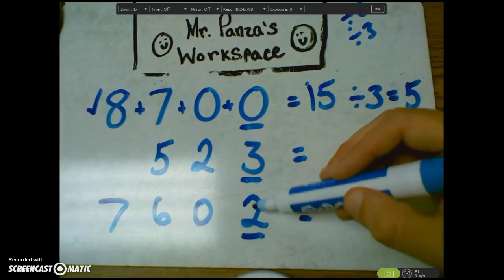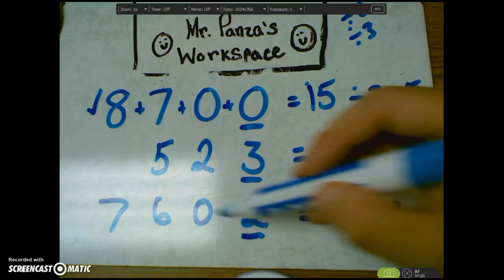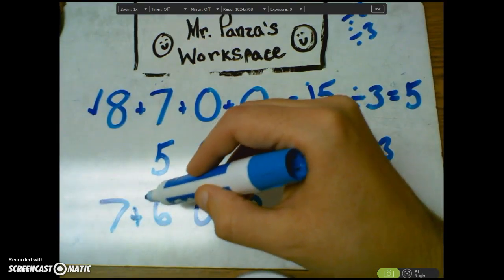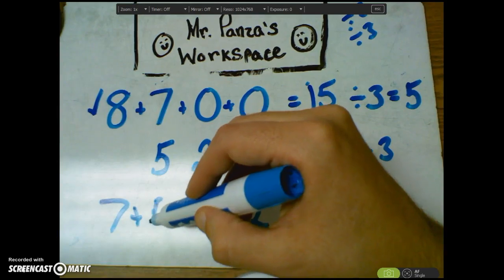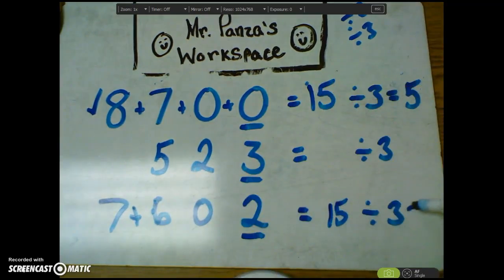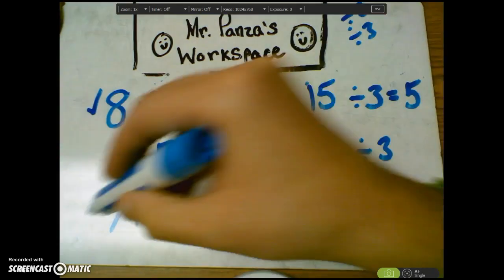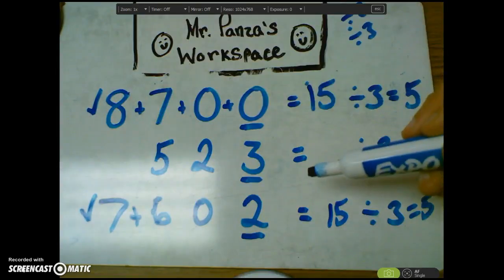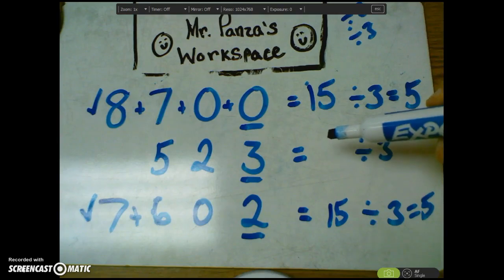The same can be said for 7,602. It ends in an even number 2, which means it's divisible by 2. Then I take 7 plus 6, 8, 9, 10, 11, 12, 13, 14, 15, and we already said that 15 divided by 3 is 5, which means 7,602 is divisible by 2 and divisible by 3.